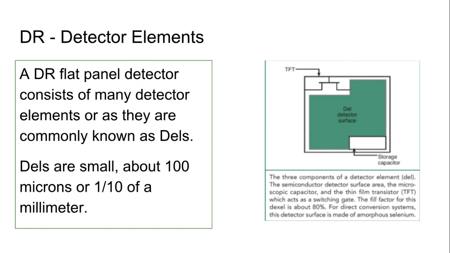You can see here that the fill factor for this dexel, which is another way of saying DEL, another way of saying detector element, is approximately 80% of all the electronics that make up the DEL. And the surface of this is amorphous selenium. We'll see that term a little bit later on as well.